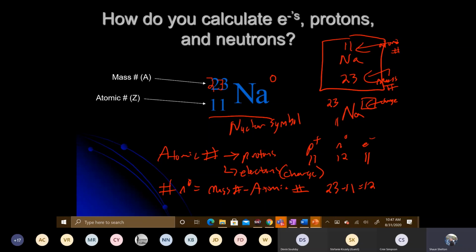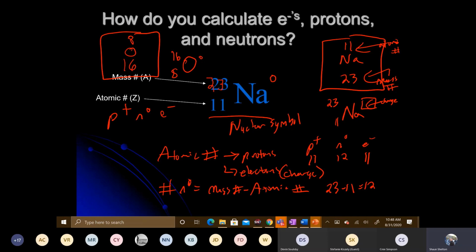Do y'all have your periodic tables out? If you do, I want you to look up oxygen. We'll just do a couple while we have a couple minutes left. I want to figure out the protons, neutrons, and electrons for oxygen. To write the nuclear symbol, I'll have 16, and I'll have 8, and then the upper right-hand corner is 0. To figure out the protons, I look at the atomic number.